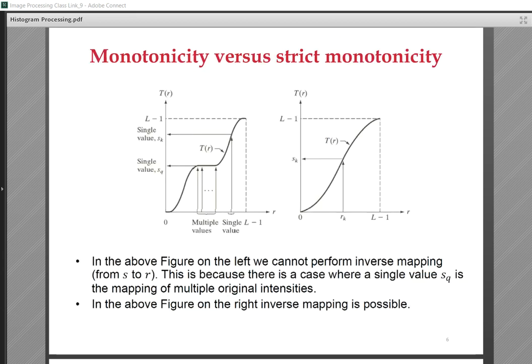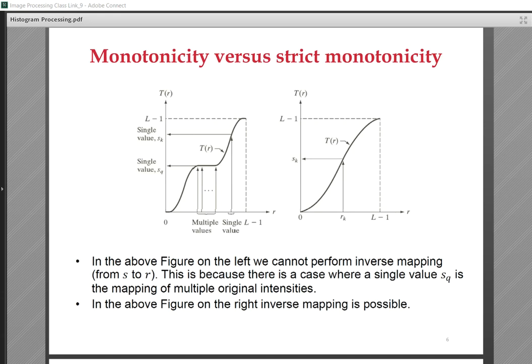This item is increasing, and multiple increasing, but it isn't reversible, and you can't go from the resultant histogram to the original histogram. Why?